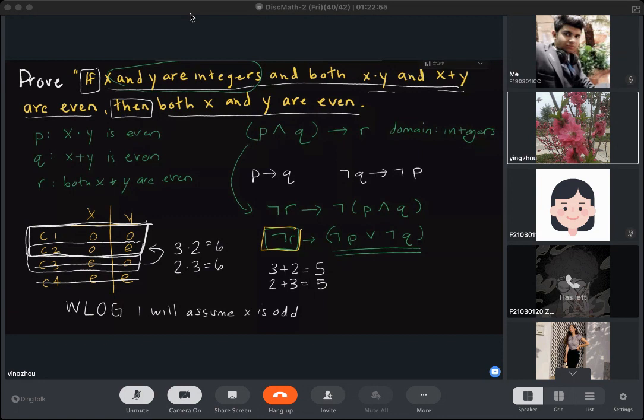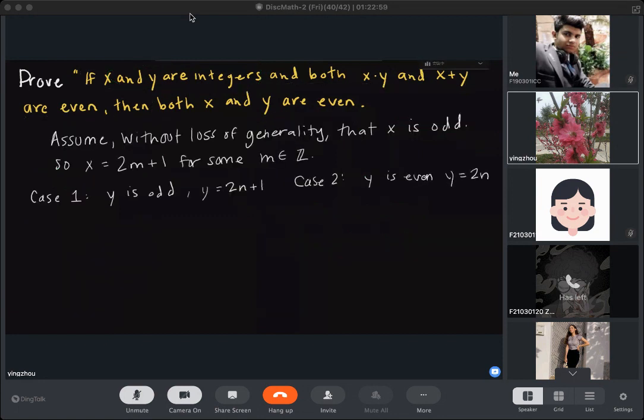So now that we've done all of the setup, let's actually do this proof. I've made the assumption without loss of generality that x is odd. Therefore, x could be written as 2m plus 1 for some m that is an integer. My 2 cases are that y is odd or that y is even.